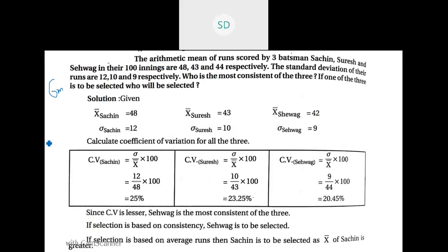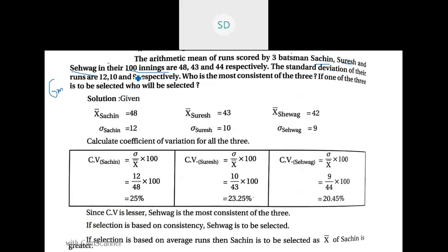The arithmetic mean of runs scored by 3 batsmen: they've given Sachin, Suresh and Sehwag, and the arithmetic mean in their 100 innings. They've taken 100 matches, so they've given us the arithmetic mean of all of them.